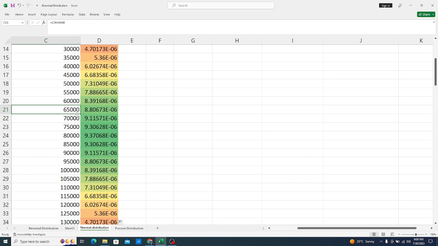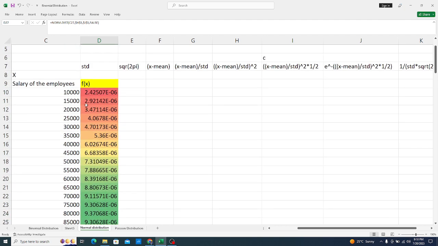So in this case we know the probability of getting a salary of 65,000 US dollars per annum is this value. Then the probability of getting 95,000 US dollars as your salary is this.